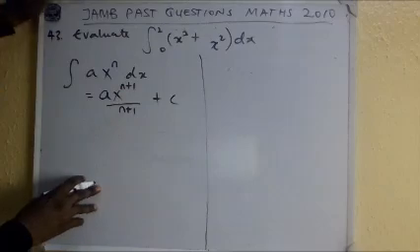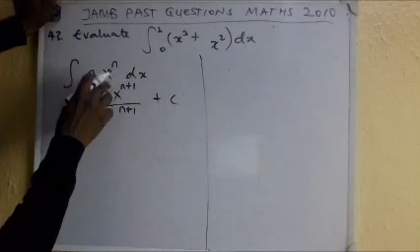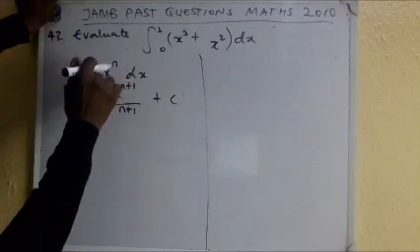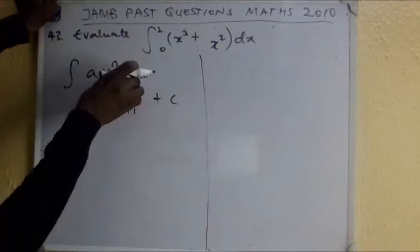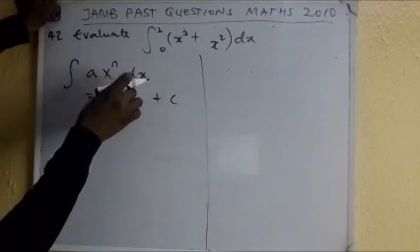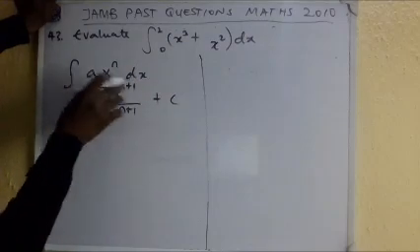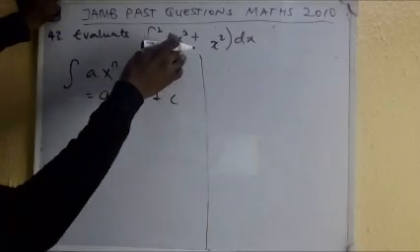I explain again. You have this integral sign, ax raised to power n. All you have to do is work on this power, add 1 to it. It now becomes a new value. You add 1 to the power, and you divide the resultant by this. For this one, we're going to be integrating these terms one by one.